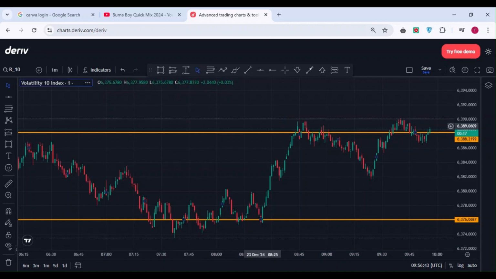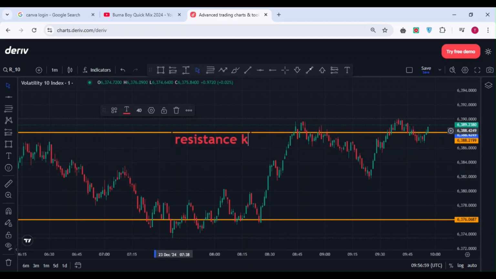Today, generally, I'm just showing you how you observe and read the market. You have noted the support. The first thing is the resistance. So let me write it here: resistance key level, let's say this is 63.88.